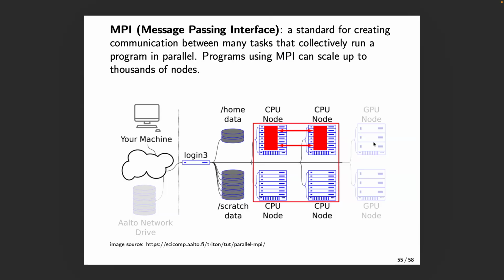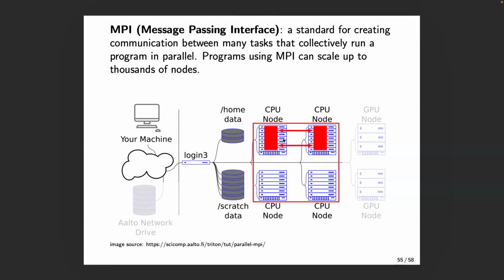It is used to run many programs in parallel, and it also allows exchange of messages between different machines, different nodes. This is a picture from the tutorial of Aalto Triton HPC. Here you have your machine, you log into our HPC cluster, where you have some nodes with CPUs or GPUs.